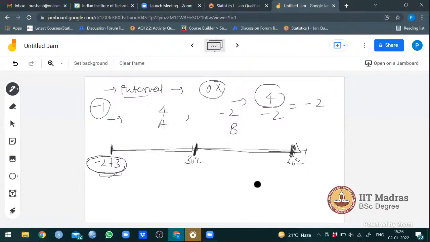Or can you say that 60 degrees Celsius is twice of this one? No, we cannot. So that's why on an interval scale, you cannot perform multiplication and division. Twice means 60 divided by 30 is equal to 2.